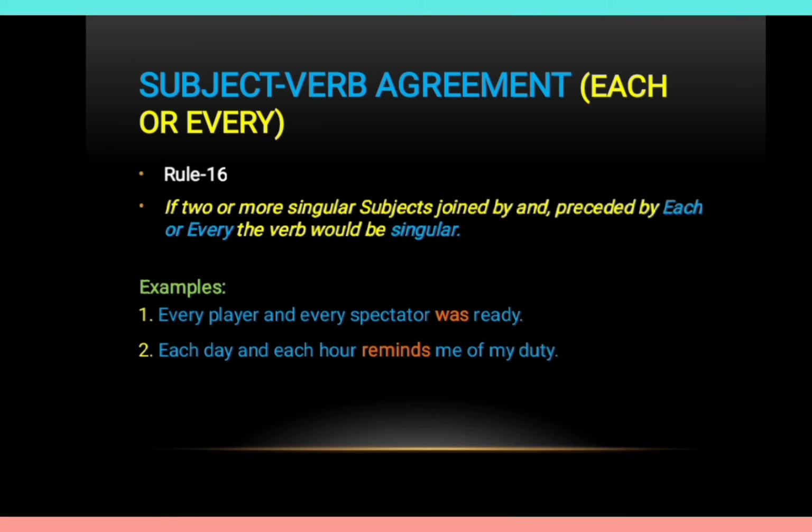Each day and each hour reminds me of my duty. Reminds is a singular verb. Every man, woman, and child has freedom of speech. Every man, woman, and child is preceded by every, so that's why the verb is singular, "has".